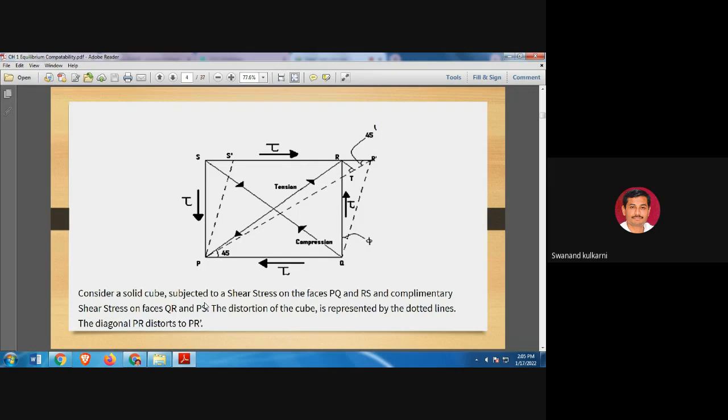What is meant by E? What is meant by capital E? E means which kind of elastic constant? That is mu. That is G, and what is K?